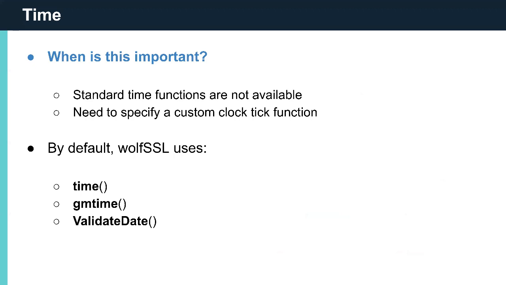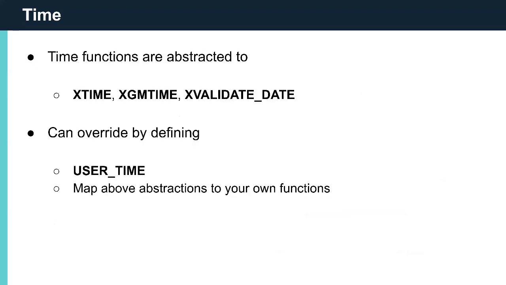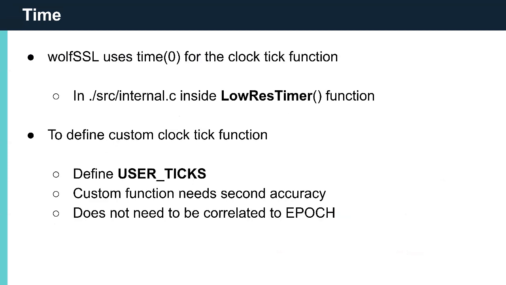We talked about time handling, where you can override our time and gmtime functions by defining XTIME and XGMTIME. If you define USER_TIME, you can define these three things to your own implementations. wolfSSL itself uses the time function for a clock tick function.